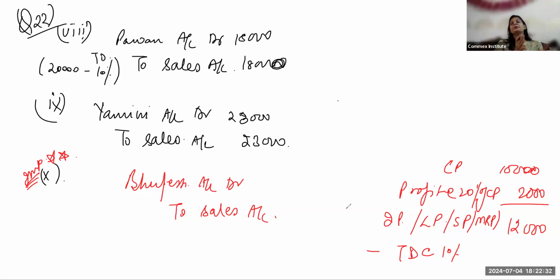First, from the cost price, you calculate your list price, then trade discount, and then cash discount, if any. So minus 1,200 makes it 10,800. So with 10,800, you have to pass this entry. Please mark this important. This was a different kind of entry. In this question, other entries are simpler.